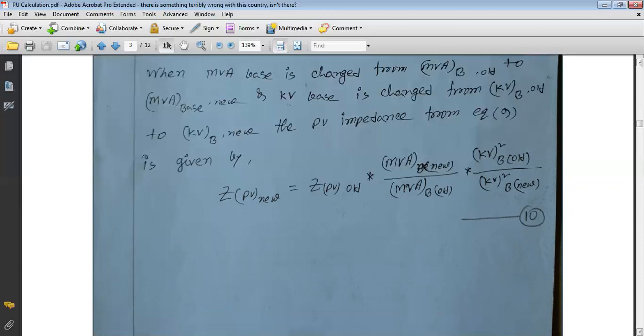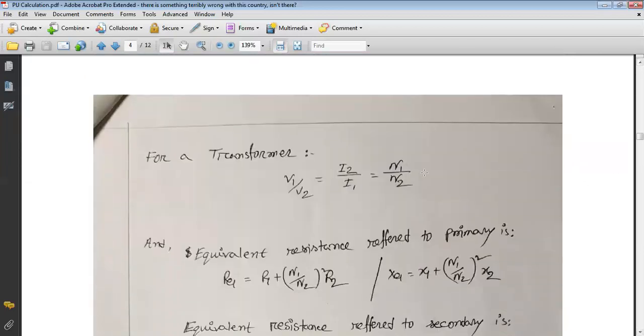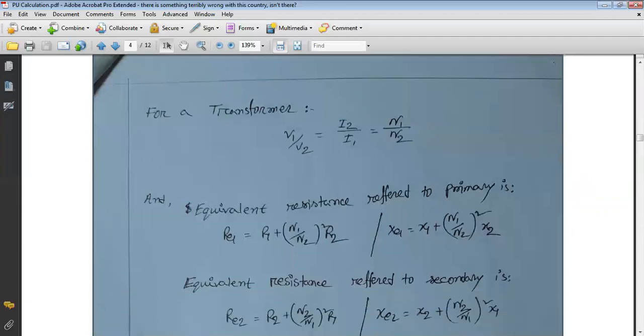And the third equation is only applicable for a transformer. We know a transformer is a device which transmits power from primary to secondary, but it will change the voltage level from primary to secondary if the transformer ratio is not 1:1.